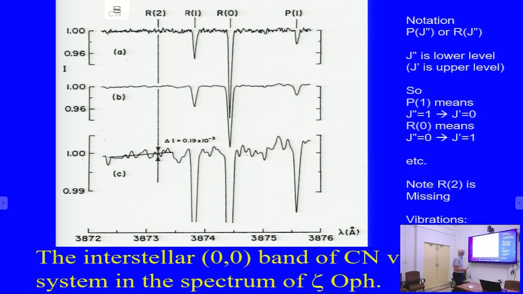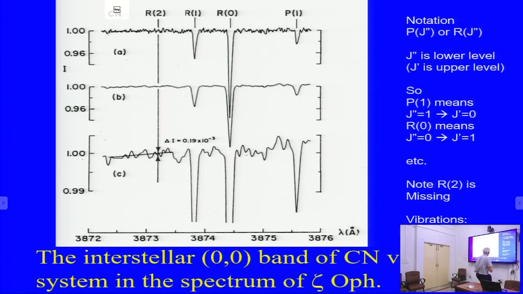So you can see here the notation of P and R, exactly the same as we had for the vibrational spectra. These are all actually the 0-0 band. Because it's interstellar, it's absorbing, it's going to be cold, so it's certainly going to be ground state 0. It happens for CN that the strongest transitions are from the ground state going upwards.